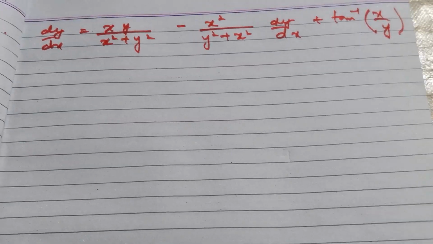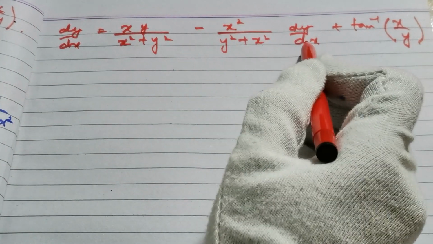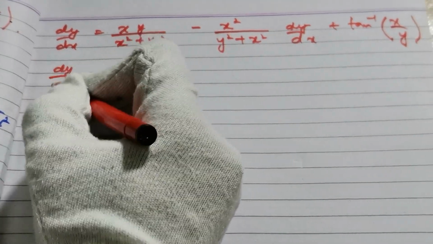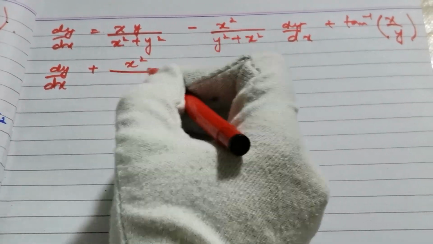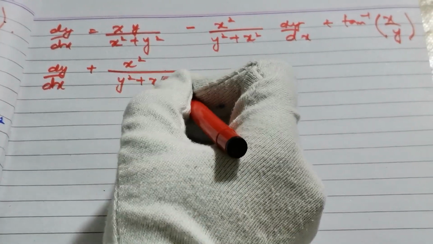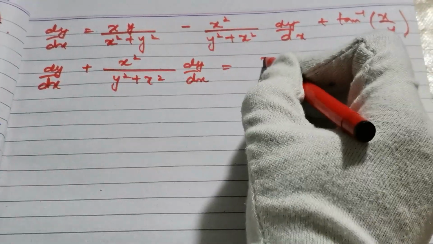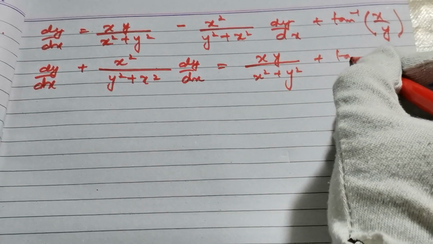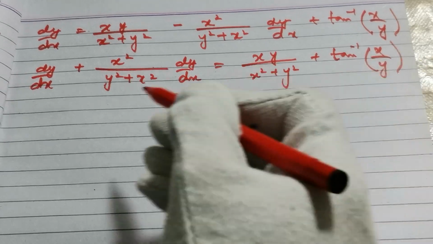Now this is dy/dx, so we take it to the left side, and the minus sign becomes a positive sign: plus x squared divided by (x squared plus y squared) times dy/dx. What is left? xy divided by (x squared plus y squared) plus tan inverse of (x/y).